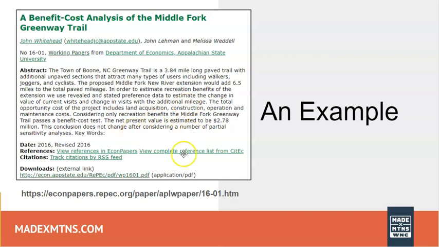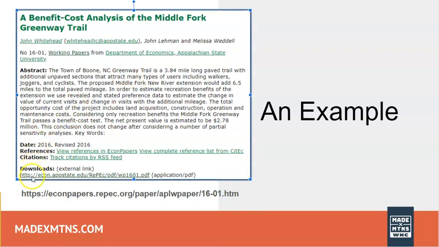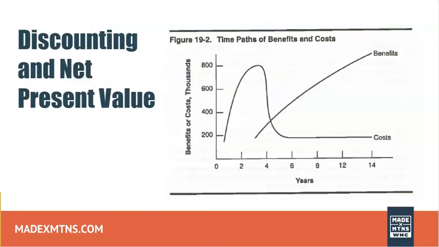So if you go to this website down below, you get to this web page that tells you it's a working paper from the Department of Economics at App State. And then if you click on this download, you'll get a PDF of the short paper, and you get an example of a benefit cost analysis that has a pattern of costs and benefits that look like this.